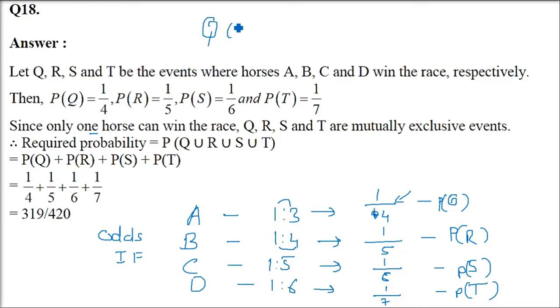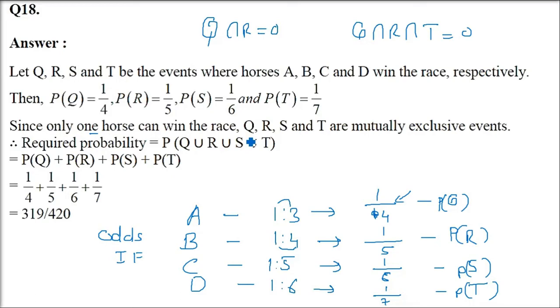So we have Q and R. If we take Q intersection R, or Q intersection R intersection T, whichever, it is going to be 0. If you remember, P(A union B) was P(A) plus P(B) minus P(A intersection B). Similarly for 3 events, and similarly we have 4 events.